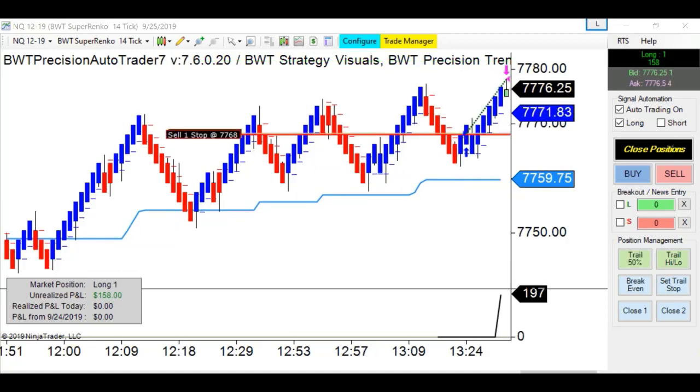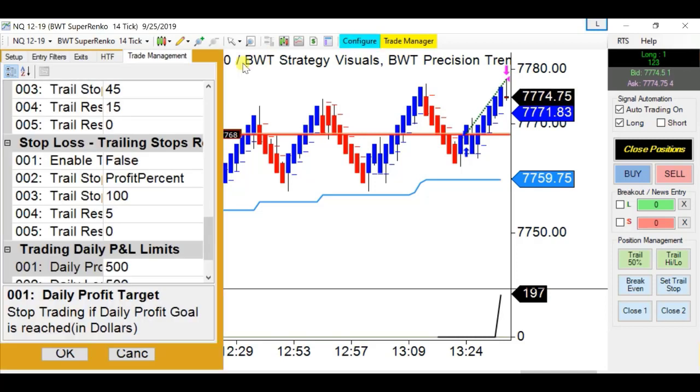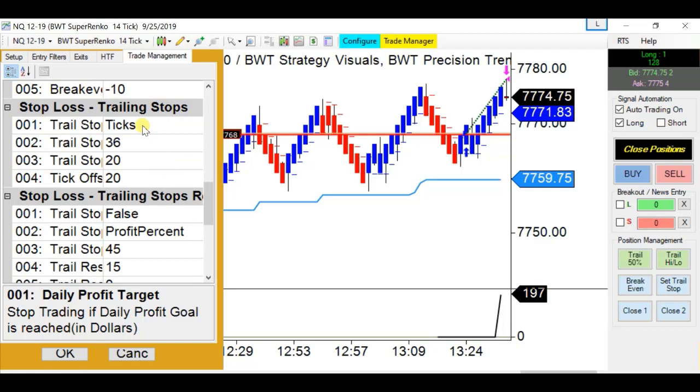All right, sorry, I stepped away, and first target was hit, and now there is a trailing stop. So I think the trailing stop, let's see, it's activated at 36 ticks.